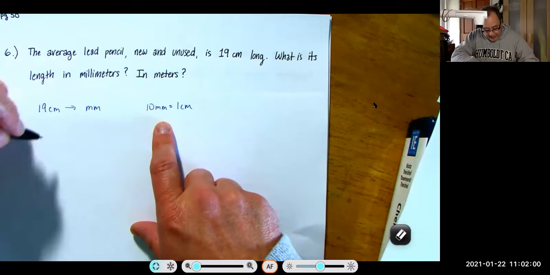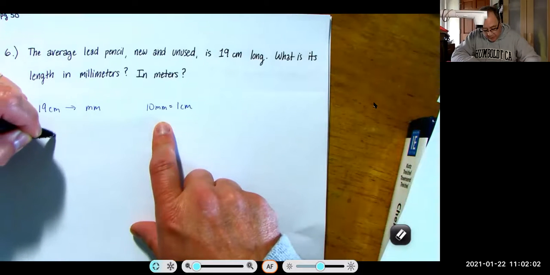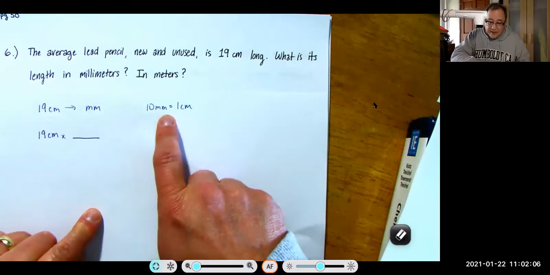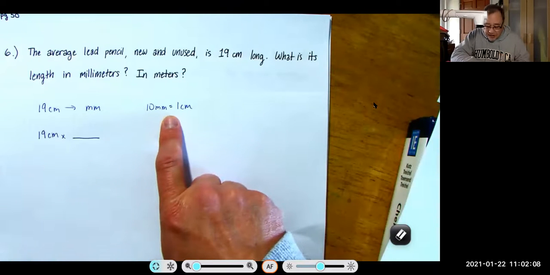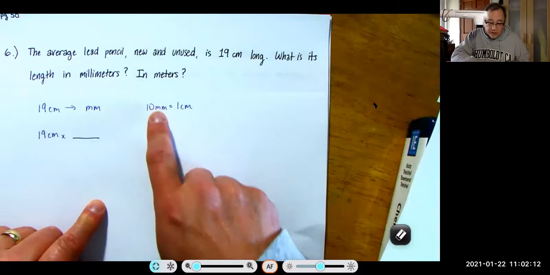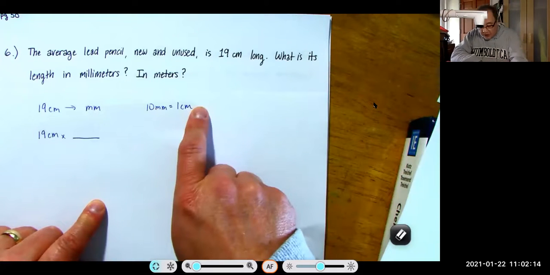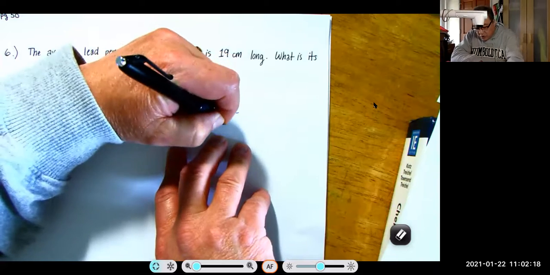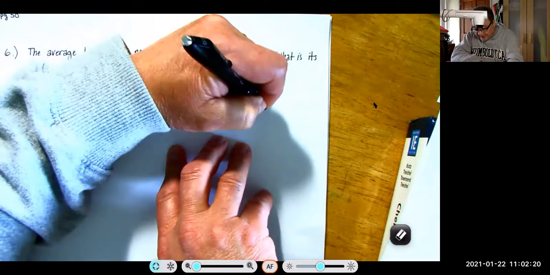So I can take my 19 centimeters and I can multiply by this. Now, when I say multiply by this, what I'm going to do is change this so that one part is on top and the other part's on the bottom. So that means I could change it to this, or I could change it to this.